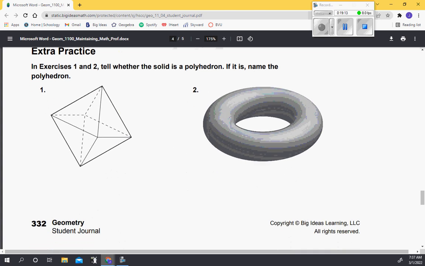Okay, so numbers 1 and 2. Tell me whether a solid is a polyhedron. If it is, name it. So for that first one, number 1, yes, it is an octahedron. How do I know it's an octahedron?